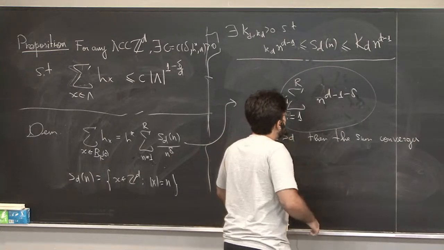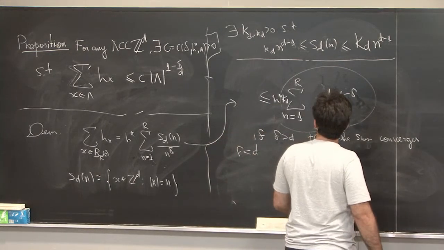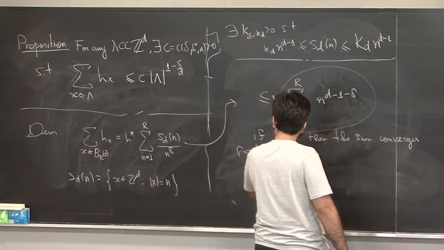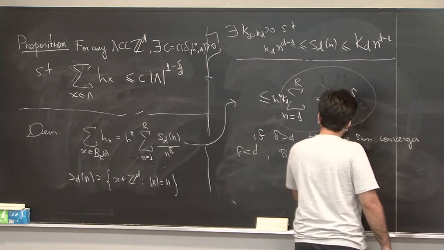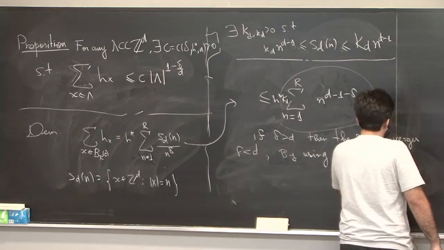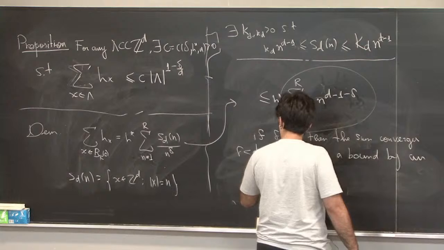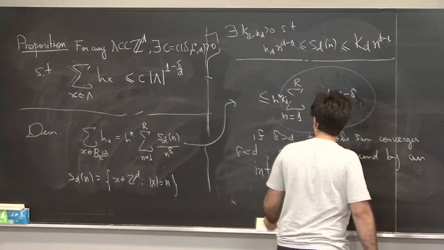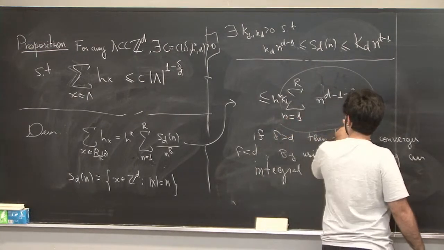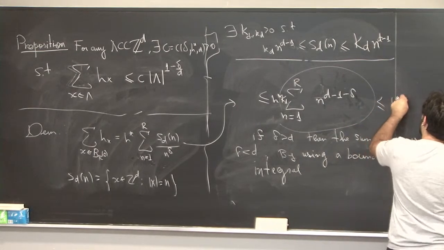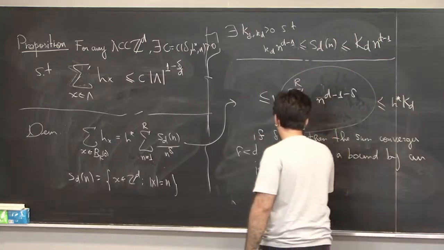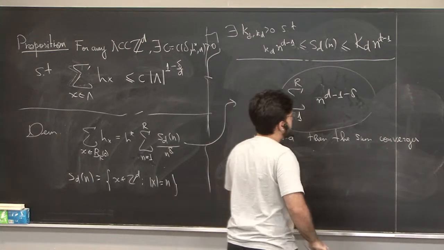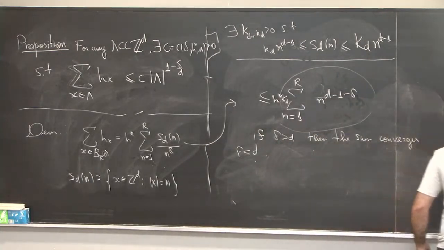What happens in this case is that by using a bound by an integral, I can say that this sum over here will be less than h star k_d times an integral, okay, let me do this carefully. There are two cases that you must consider.